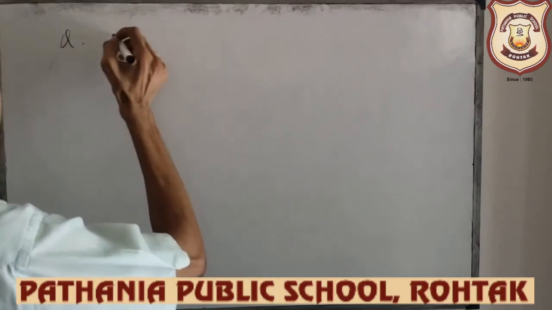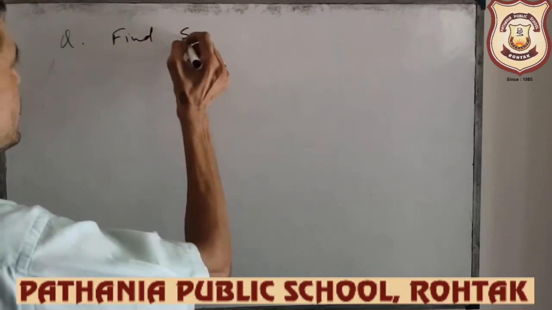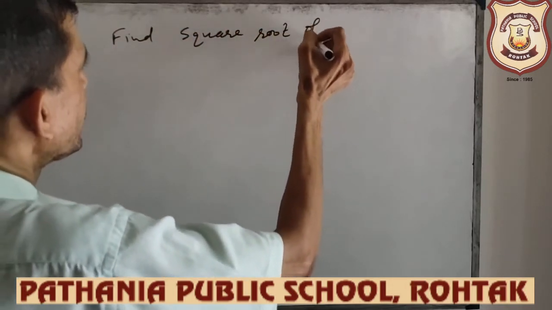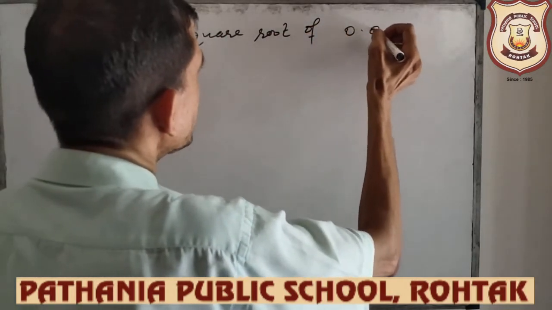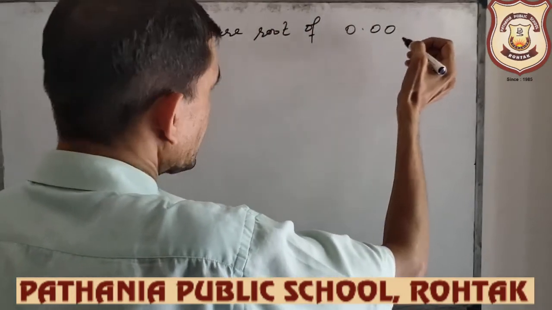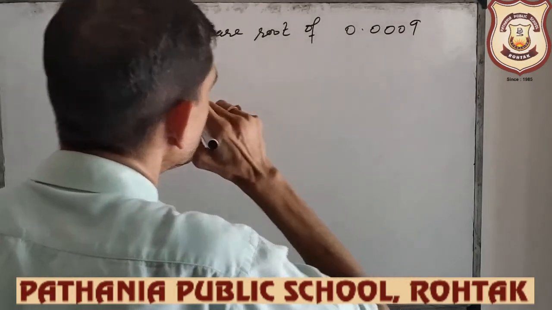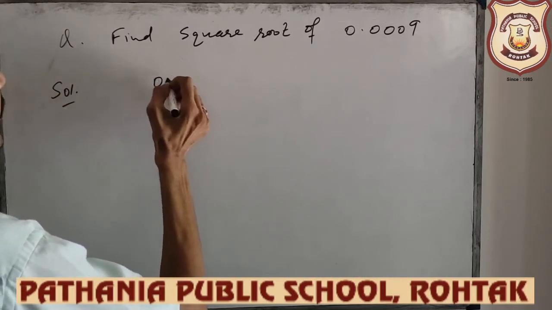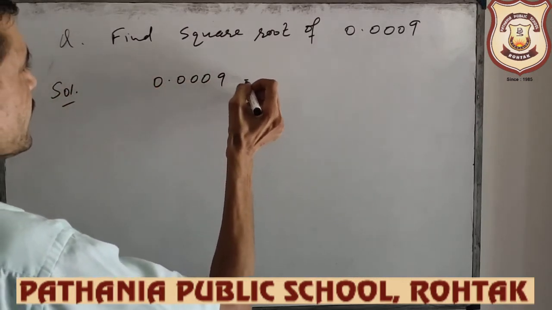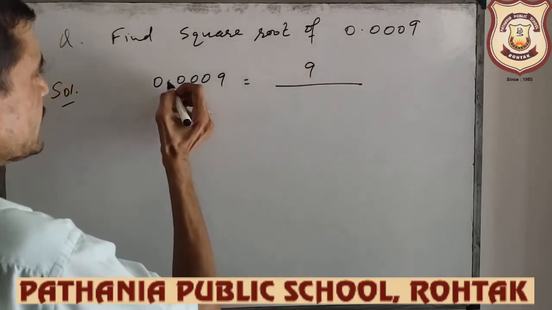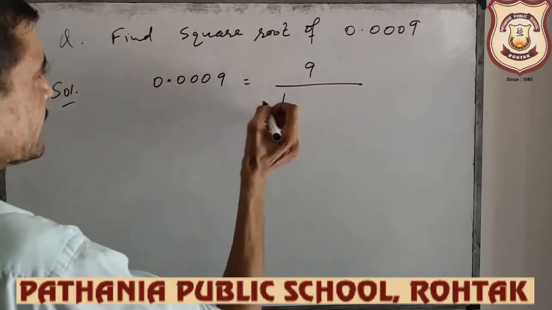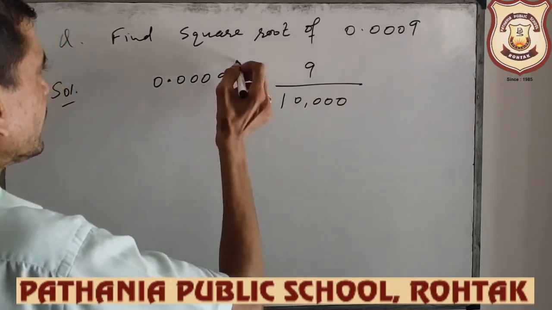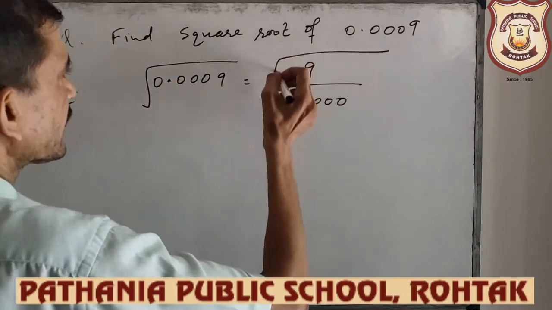So the solution is this: 0.0009 is equal to 9 upon 10,000. Remove the decimal, put 1 against the decimal and 4 zeros, like this. The square root of this is equal to the square root of this.